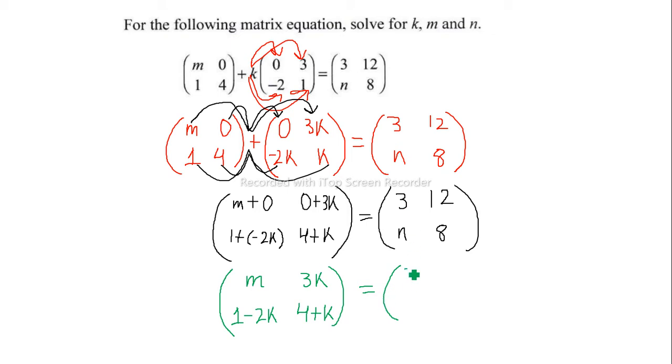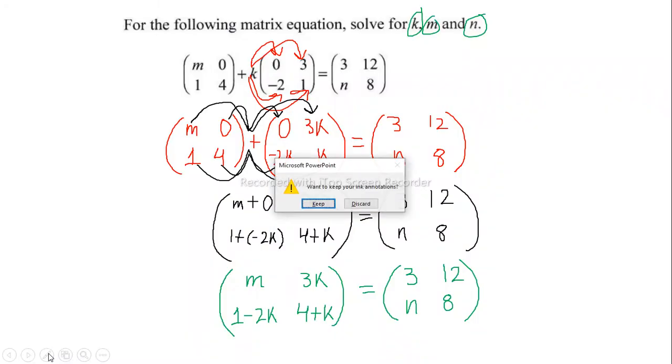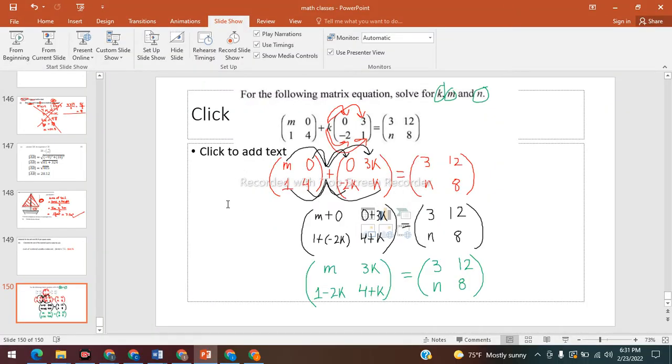All right, so 3, and we just bring it down. 12 and 8. Okay. All right. So remember, we have to solve for K, solve for M, and solve for N. So one is very easy. Let me just write this down for you all, just so you have this.